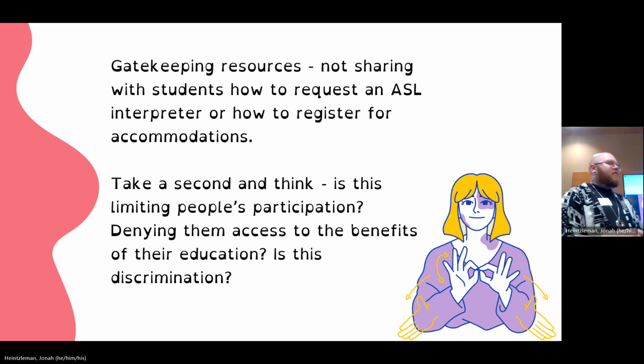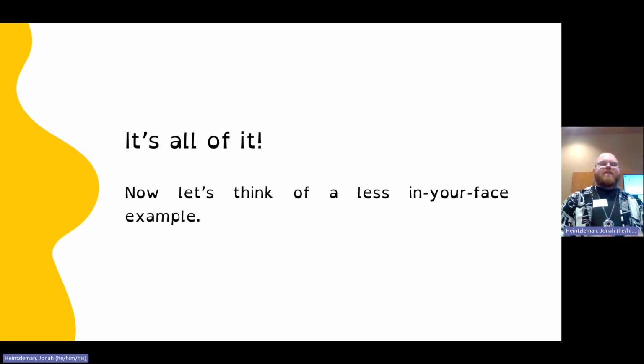So take a second and think about this situation where you're not providing that information in your syllabus or on the first day of class. Is this limiting people's participation? Is this denying them access to the benefits of their education? Is this discriminating against those people? It's all of those things.